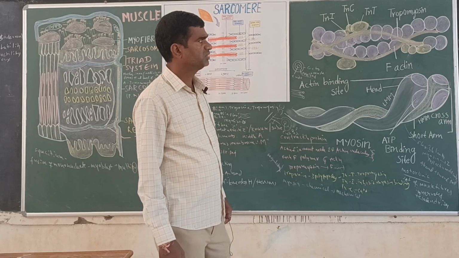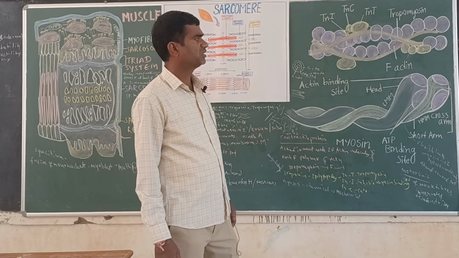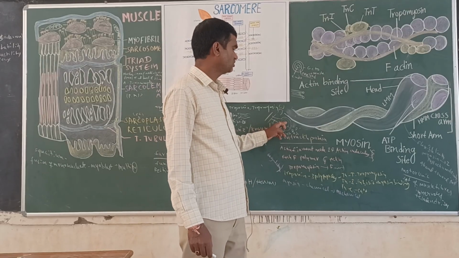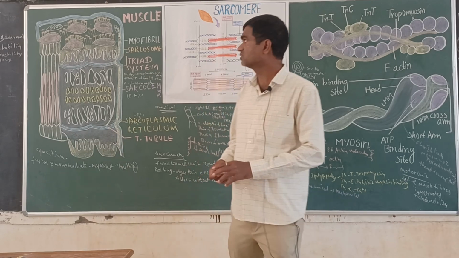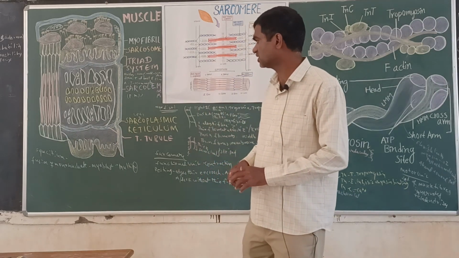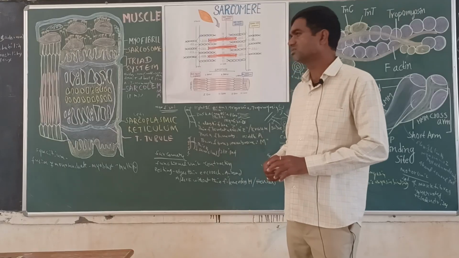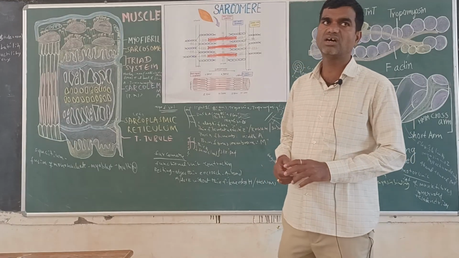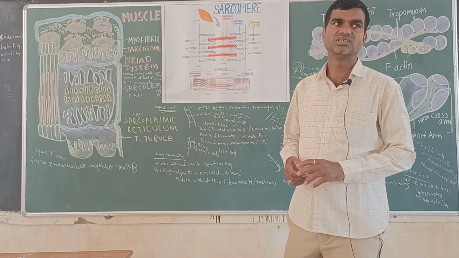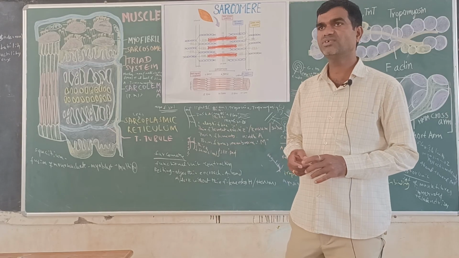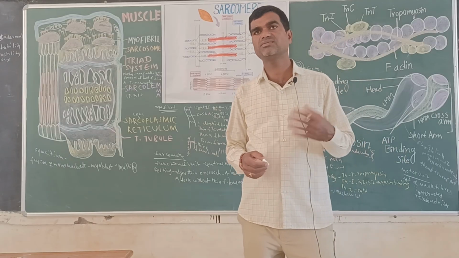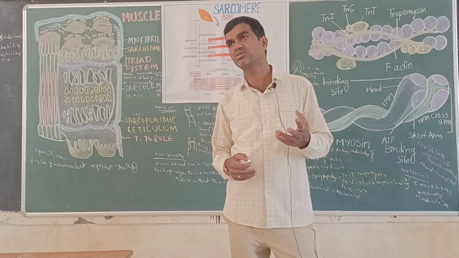Here it is the bone, and this is the muscle. Now the first one is the skeletal muscle. It contains alternate dark bands and light bands, actin filaments and myosin filaments, and also troponin and tropomyosin.